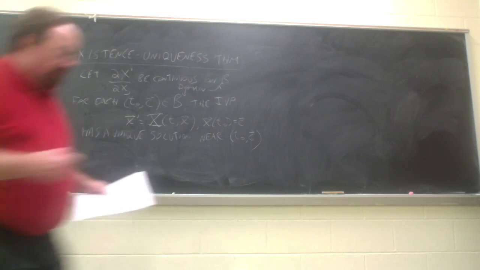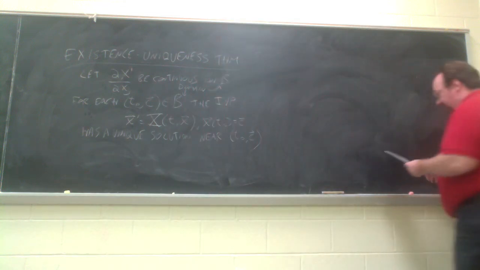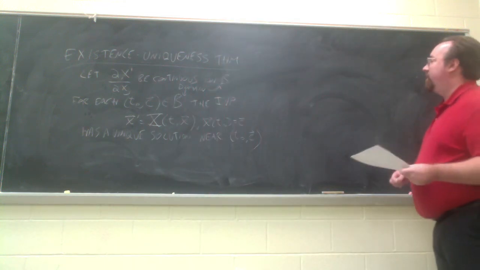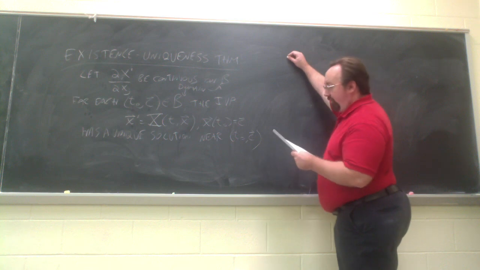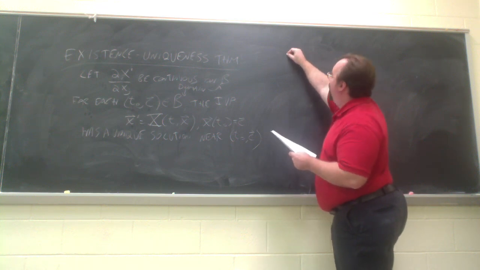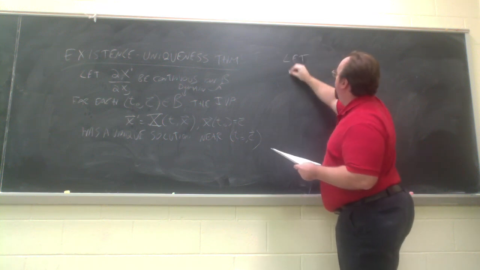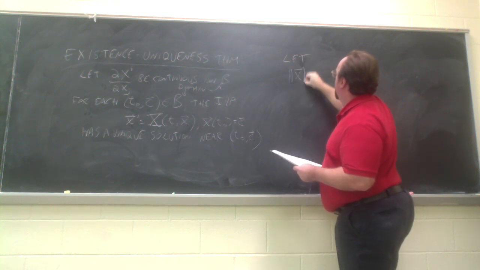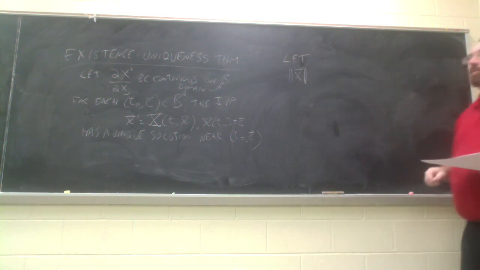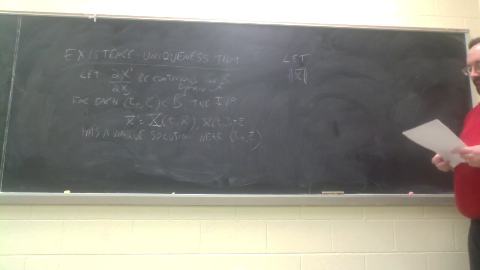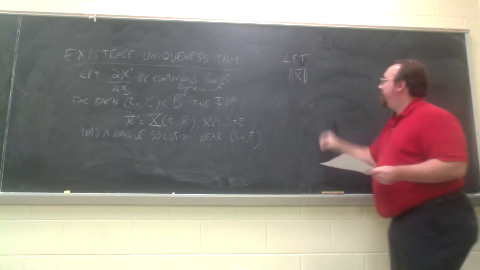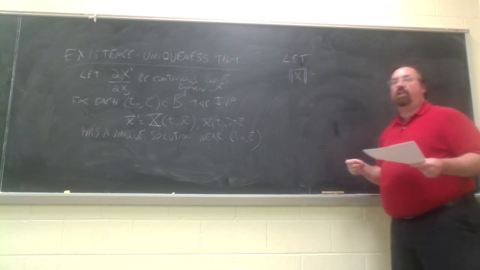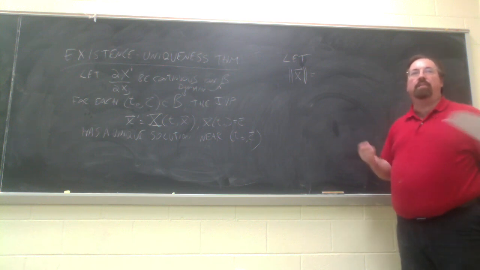Now, in order to get into a proof, here's a definition I need. So I'm going to define the norm of any given vector x. And I'm going to define this as a magnitude, but a little bit differently than you're accustomed to.